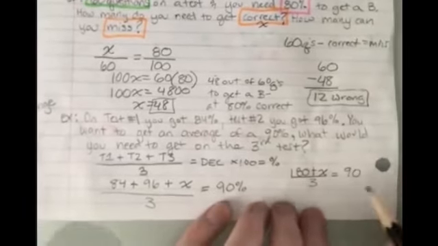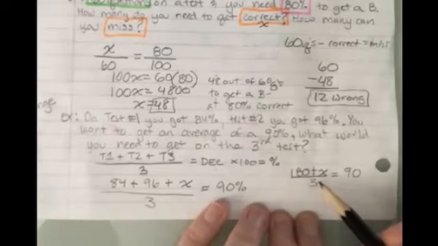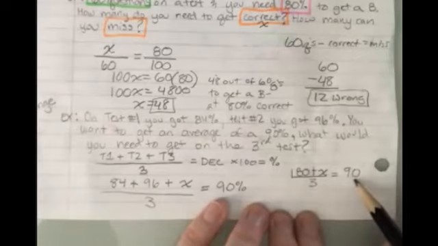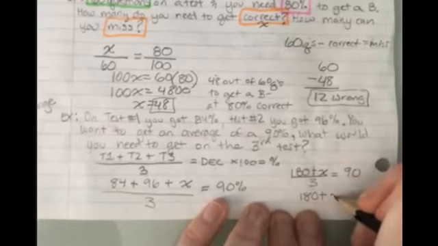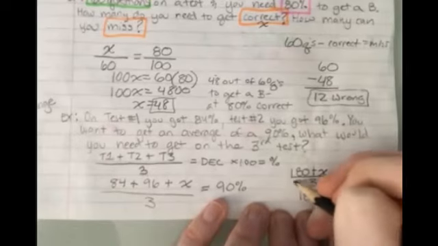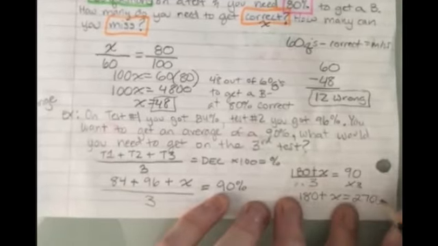At this point, how do we get rid of the 3? To get rid of the 3, since it's divide by 3, times by 3. So then you get 180 plus X equals, remember, times by 3, times by 3, equals 270.